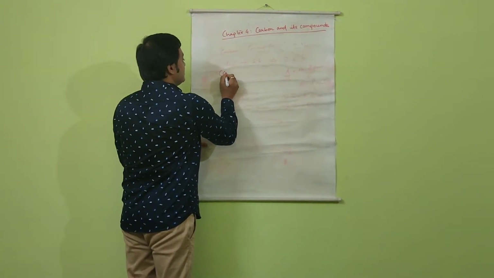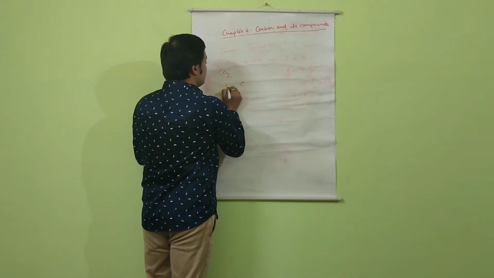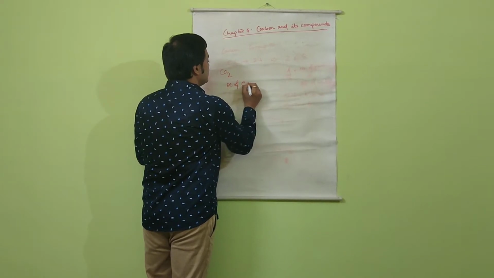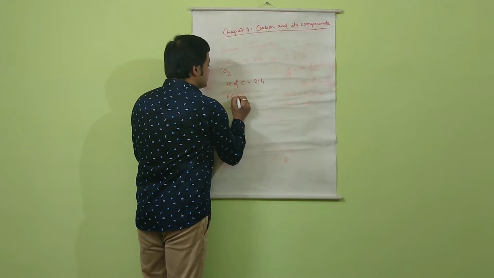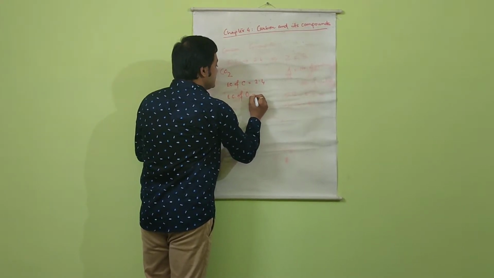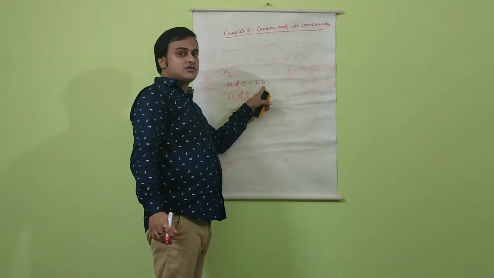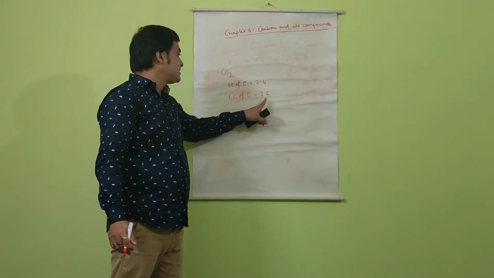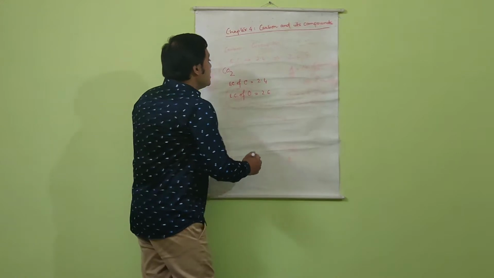We know that the electronic configuration of carbon is 2,4, and the electronic configuration of oxygen is 2,6. Now carbon is short of 4 electrons to attain the stable electronic configuration of its nearest inert gas, and oxygen is short of 2 electrons, 2,6.